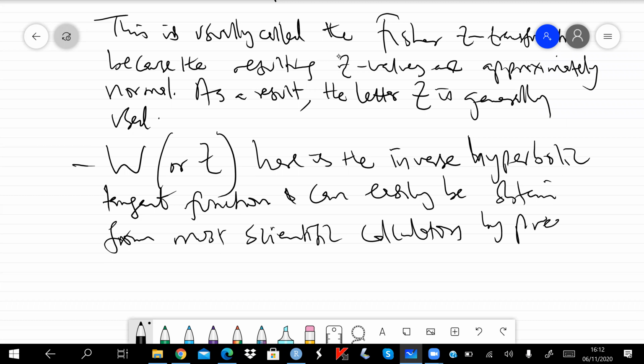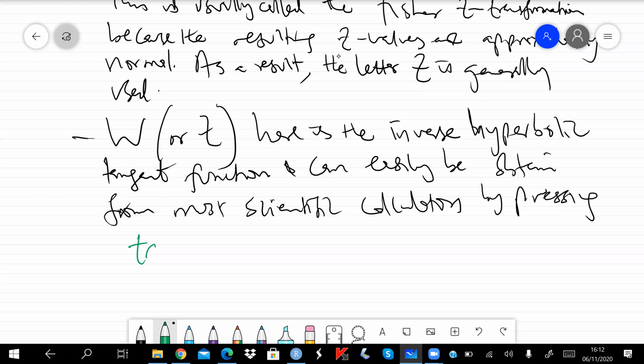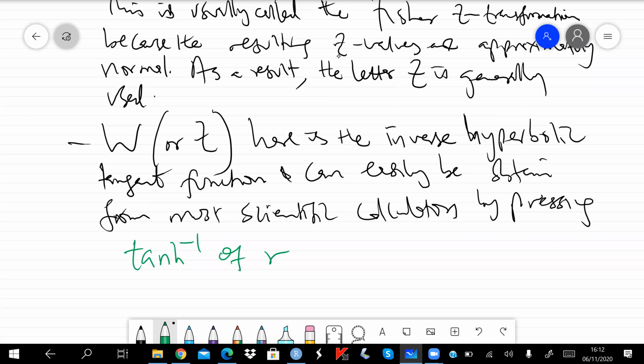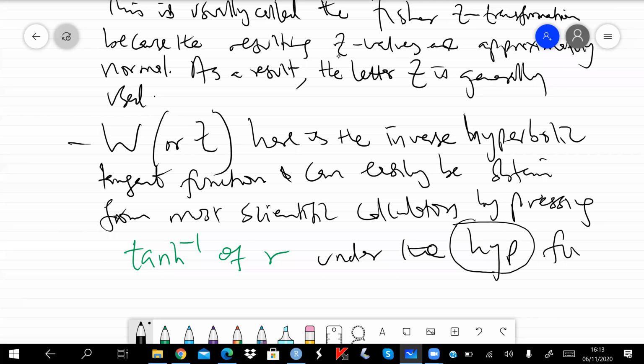You press this function of R, where R is the sample correlation coefficient. This is usually found under the hyperbolic function on your calculator. Okay, we'll be using it in the example.